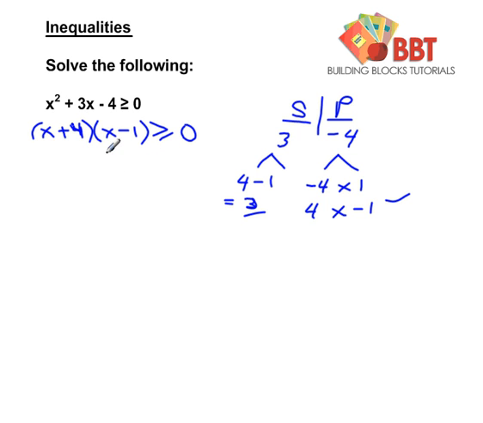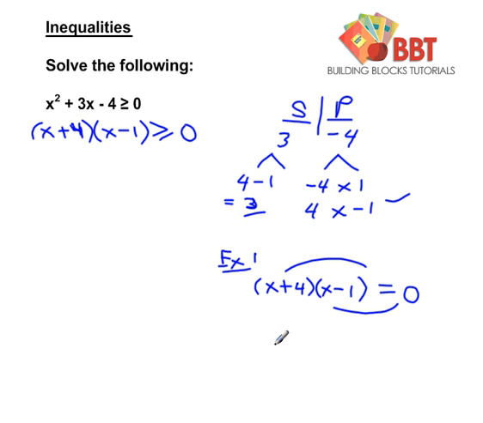Now let's remember, let's do a little example here. If I had x plus 4 and x minus 1 equaling 0, what would I do? Well, you should know by now that you make each term equal to 0.